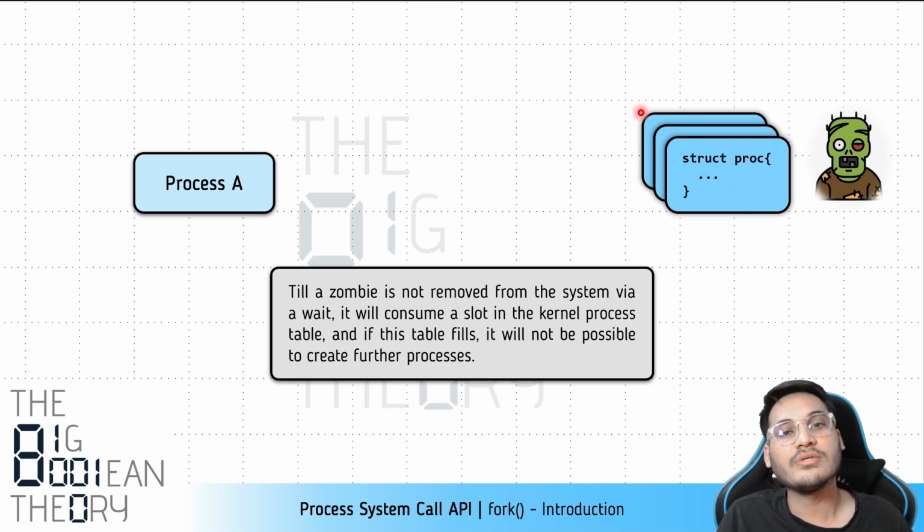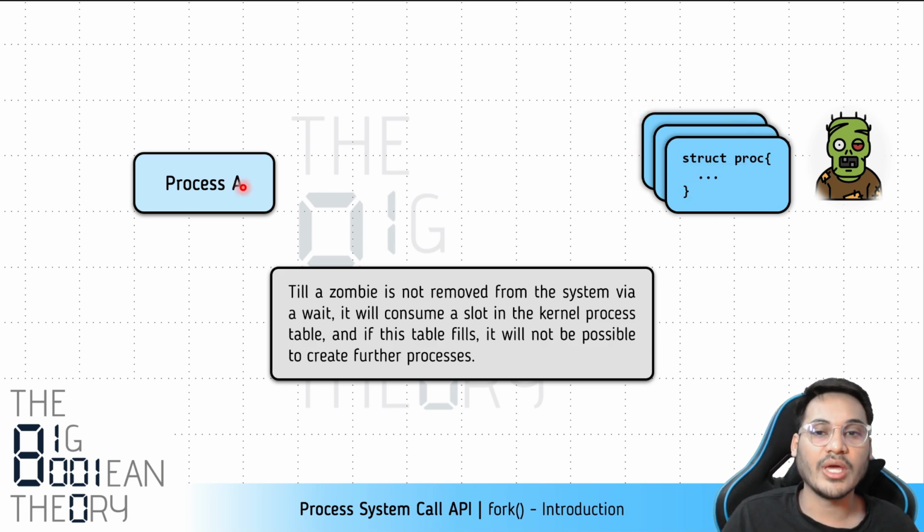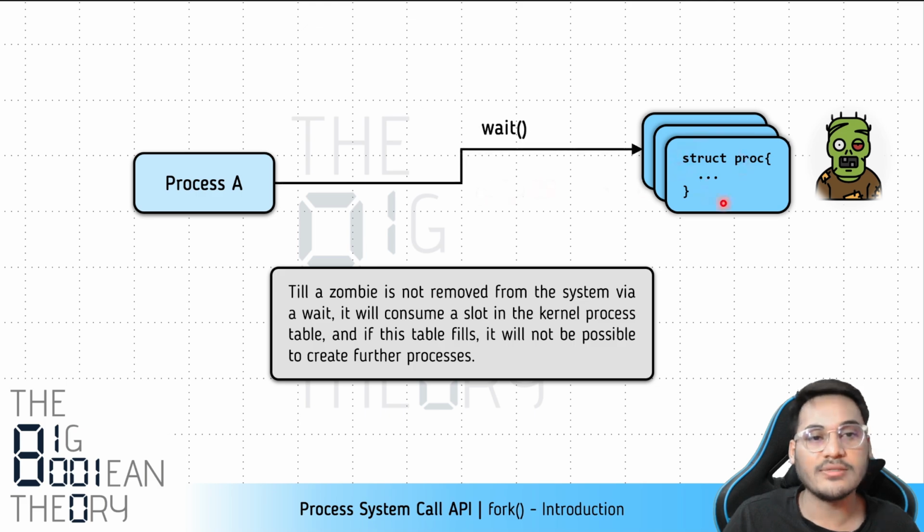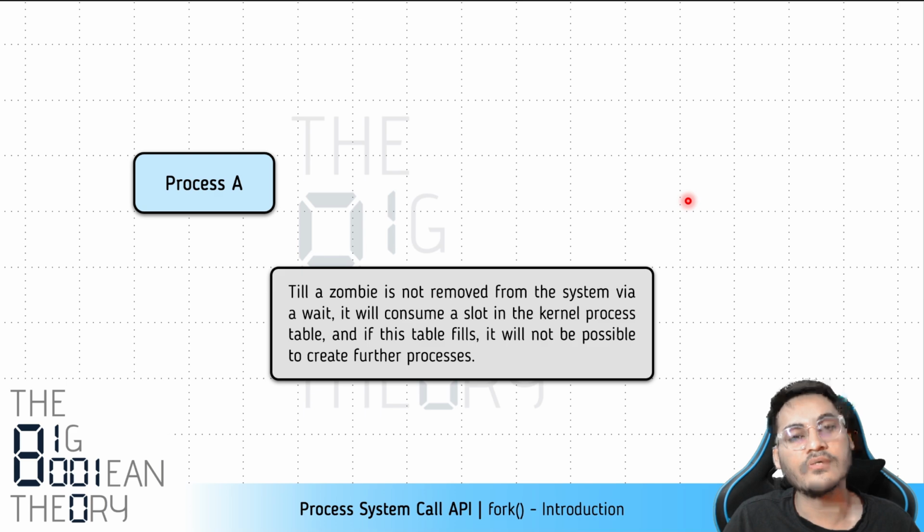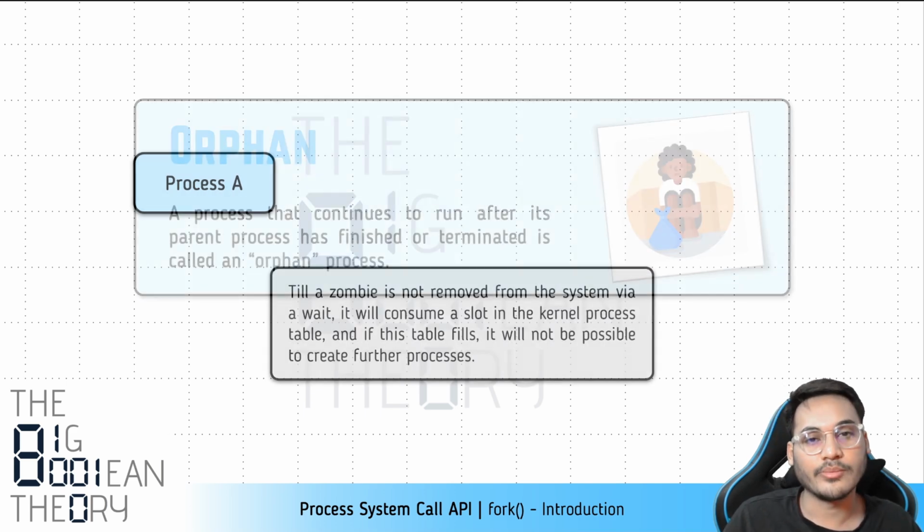So all we have is the process control blocks for these zombie processes. They are almost dead, but not exactly. The process control blocks is kept because it has the exit code, and when the parent process calls wait, all of these exit codes are collected and the process control blocks for the zombie processes are cleared, right?